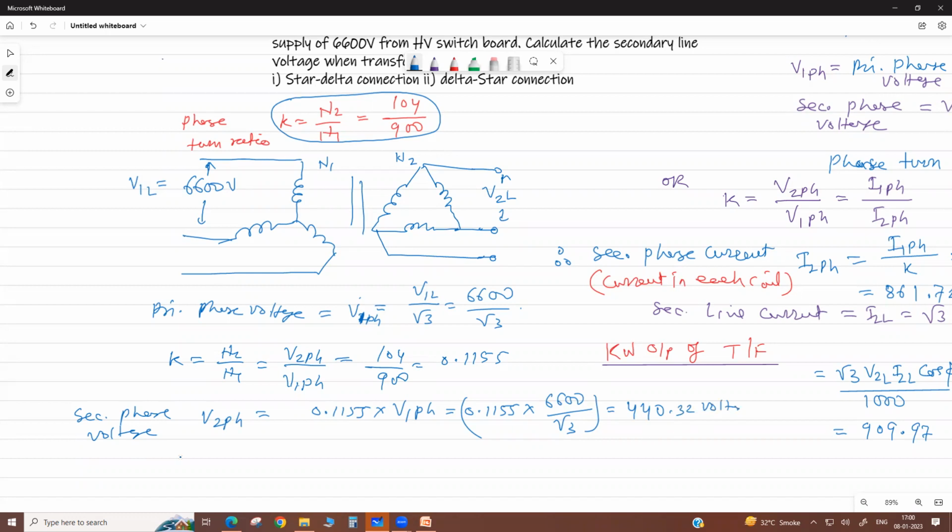Now secondary is delta side. Then we can write secondary, where your answer should be in line value. Secondary line voltage equals?